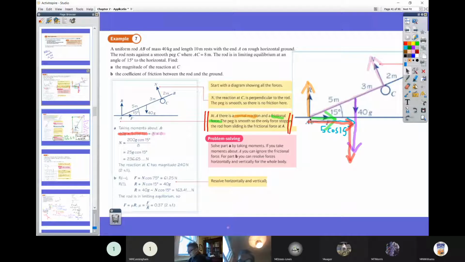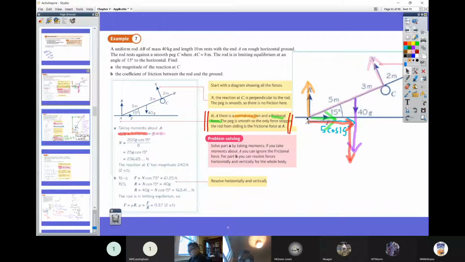Secondly, please note how on this particular question we're told that the peg at the top is smooth, so you don't need to worry about any friction up there. Whenever bits and pieces are smooth, forget about friction. But it's a rough surface down here on the floor, and remember, the friction goes in the opposite direction to any potential movement.